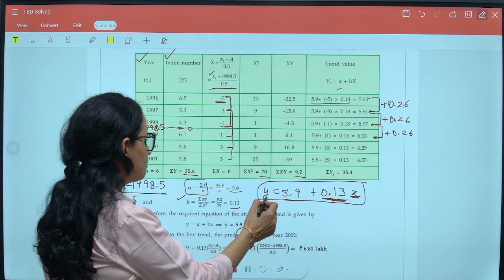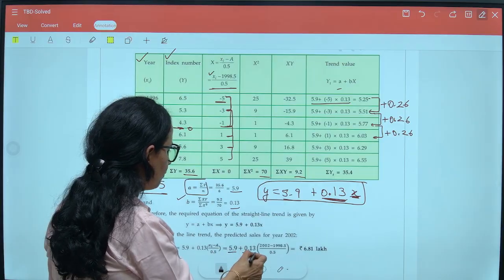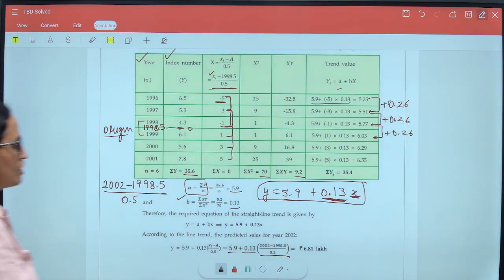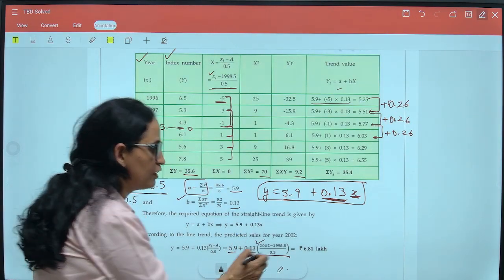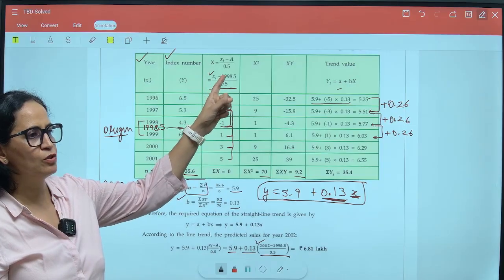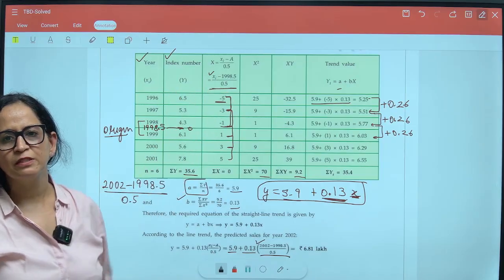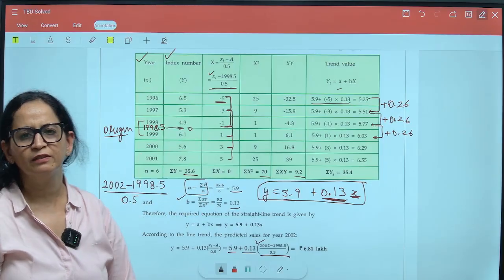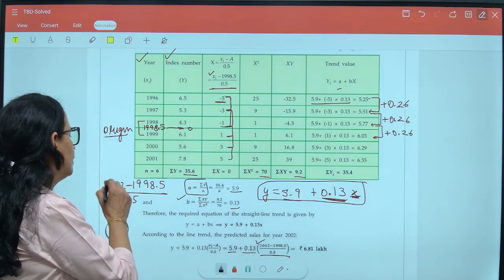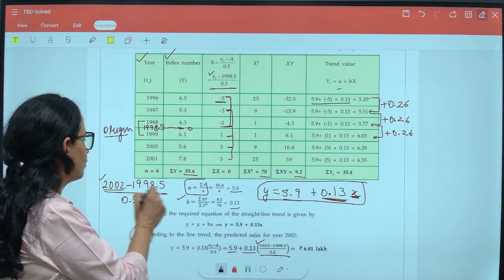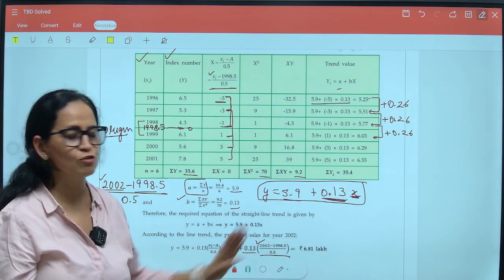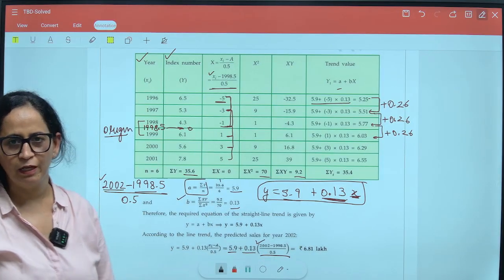So the equation becomes y equals 5.9 plus 0.13 multiplied by the value of x you calculated here. Just be careful when calculating the predicted value: x is the deviation. So it has to be the future year minus the origin, divided by 0.5, because we have done division by 0.5 throughout. That gives you an easier solution for the predicted value.